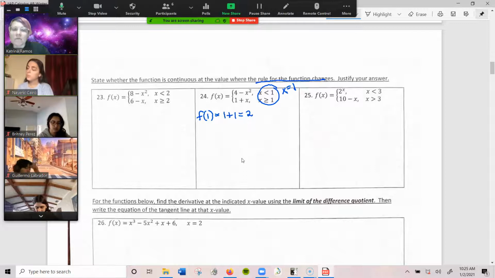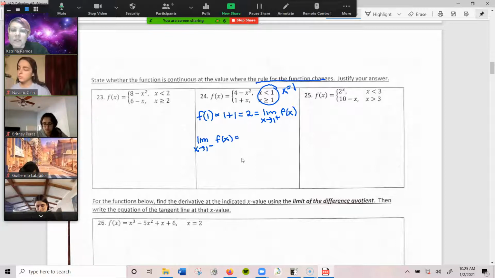So this function value is also the limit as x is approaching 1 from the right of f of x. So we already have the limit from the right. Now we need the limit as x is approaching 1 from the left, meaning we plug it into the top equation. So 4 minus 1 squared, which is just 4 minus 1, which is equal to 3.